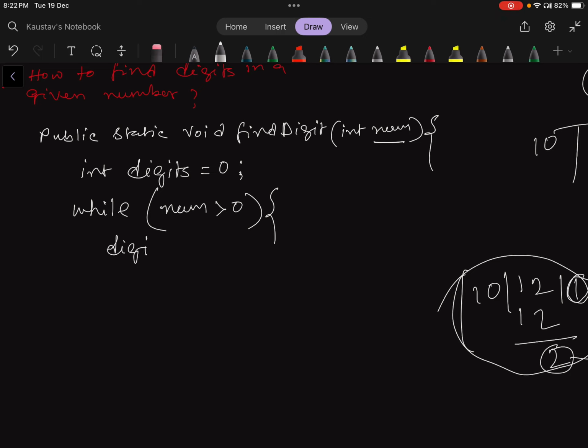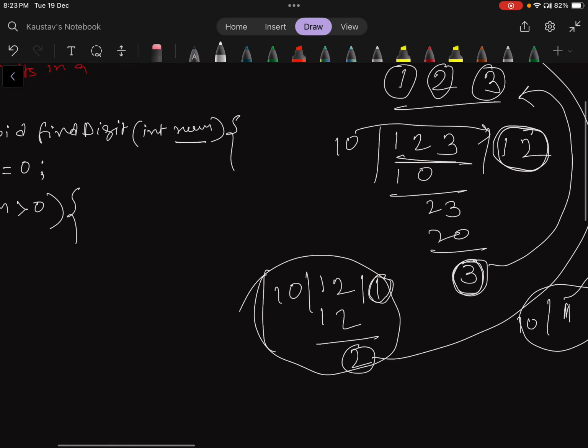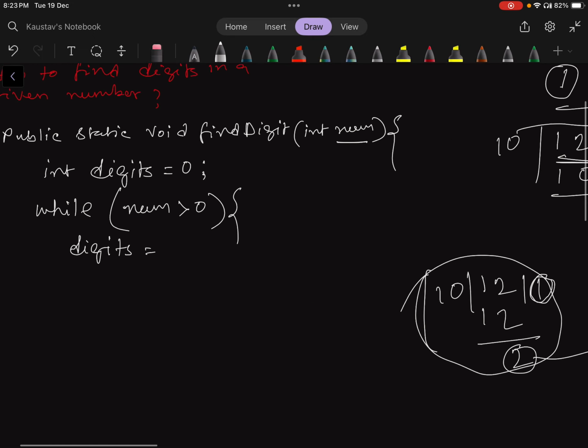What will be the digit? If we divide the whole number by 10, whatever the remainder is, is our digit. We have already seen this. So here it will be num modulus 10. Modulus 10, I think you already know, gives us the remainder.